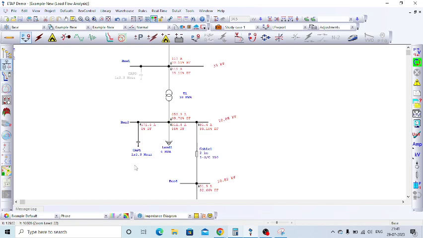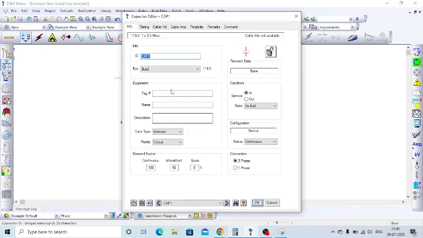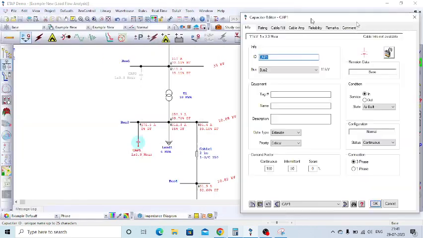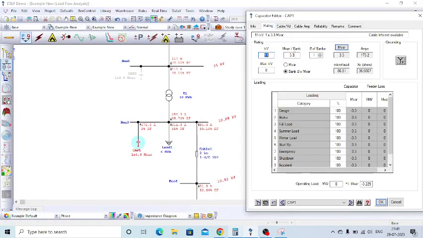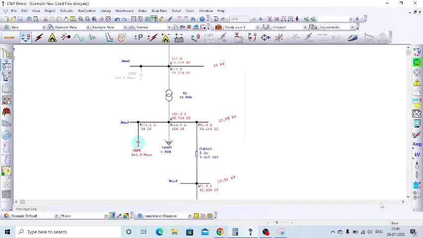So now I will give one example by increasing the rating of this one. Earlier it is 3.3, now I changed it to 4 MVAR. With 4 MVAR the bus voltage is marginally increased.